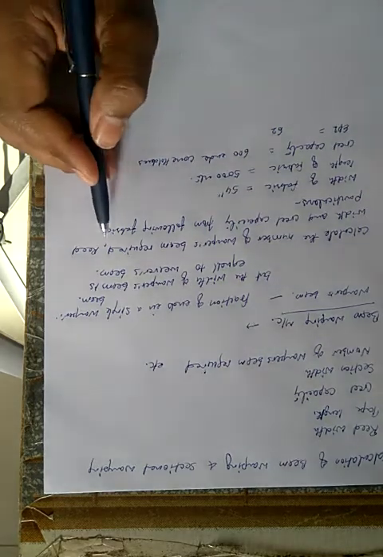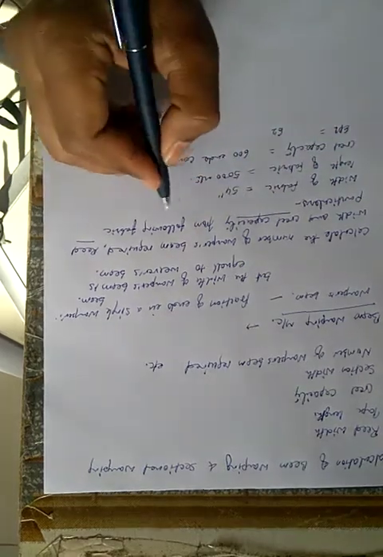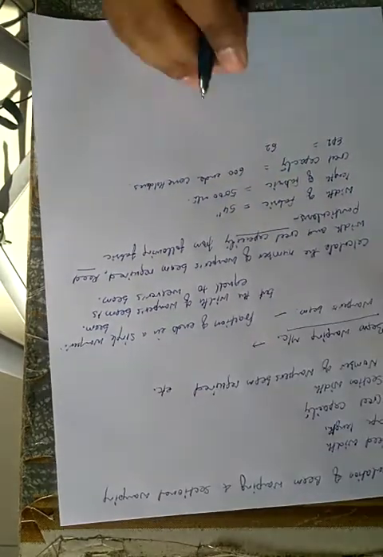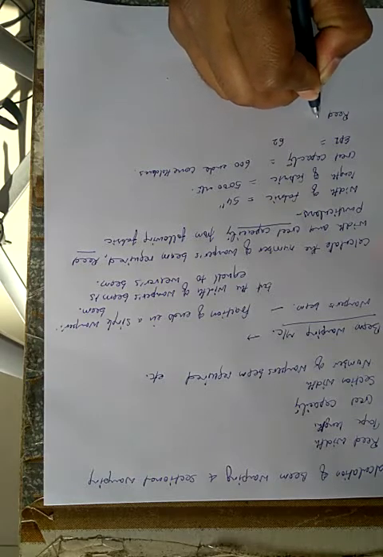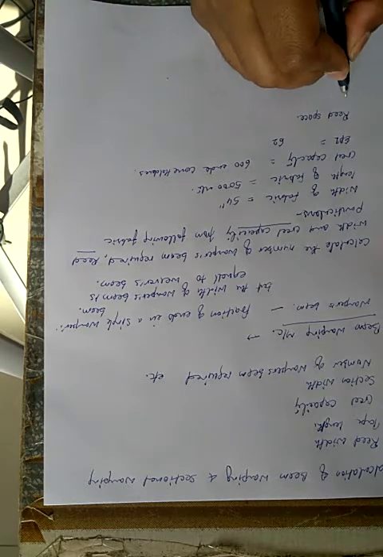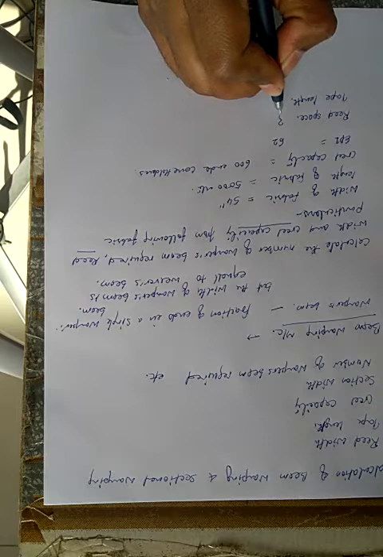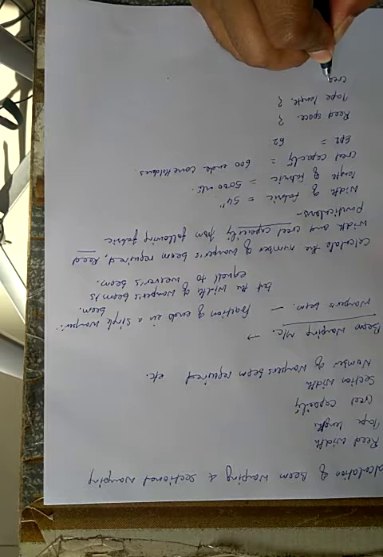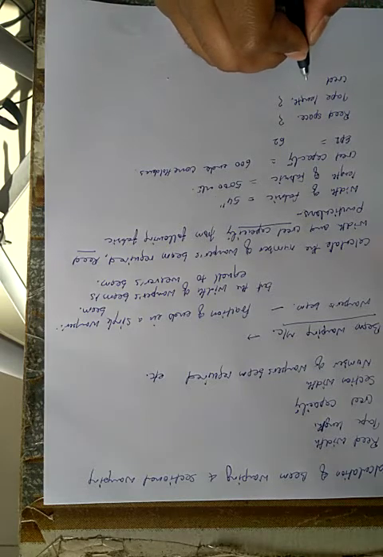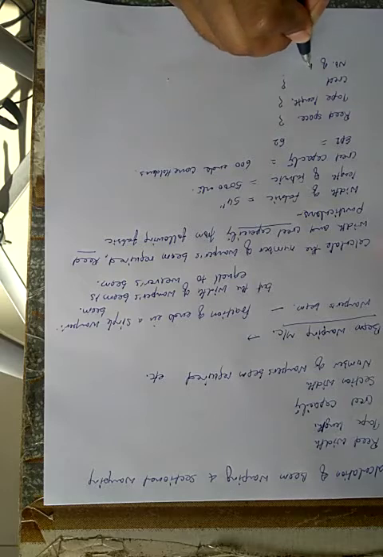Now we have to calculate the reed space, reed width, creel capacity, tape length. So I'll write down here reed space or reed width, tape length, creel and number of warpers beam.